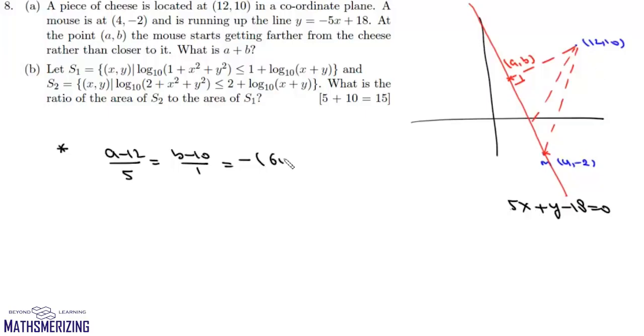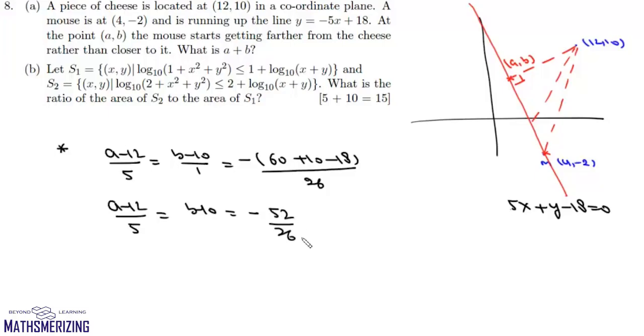So 12 into 5 will be 60, plus 10, minus 18, upon a square plus b square. So it will be 25 + 1 = 26. We'll get (a - 12)/5 = b - 10, and this value will be equal to (70 - 18)/26, which is 52/26, which is 2.